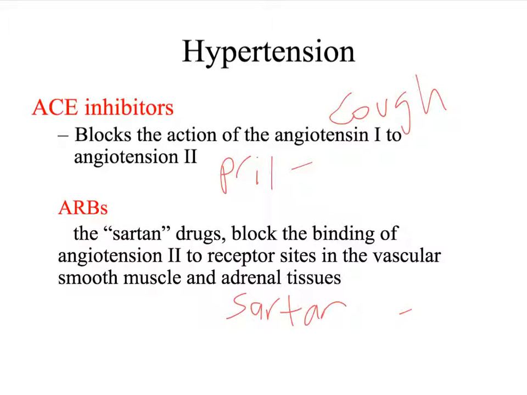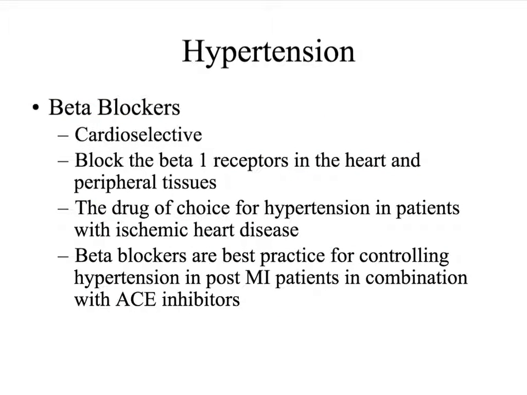Just another review of beta blockers. When we're talking beta blockers, those medications end in, wait a minute, let me go back. That's not correct. Let me just scribble out. Those are LOLs. Metoprolol, atenolol.